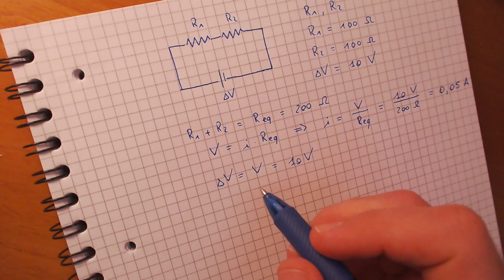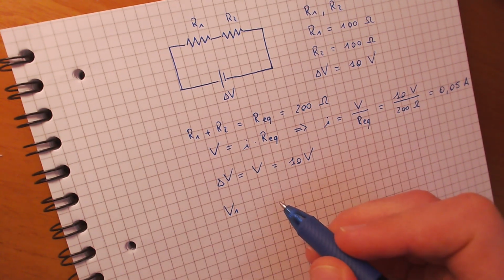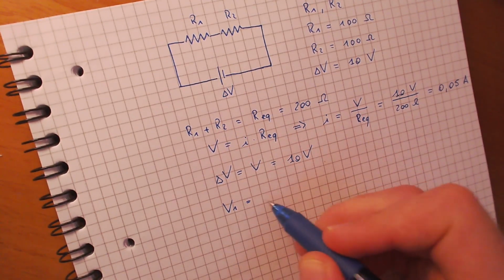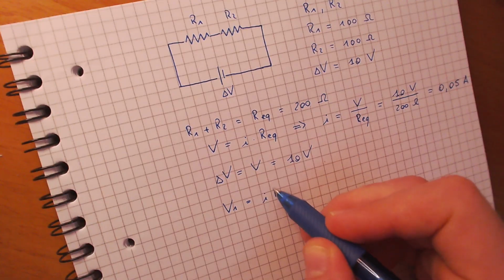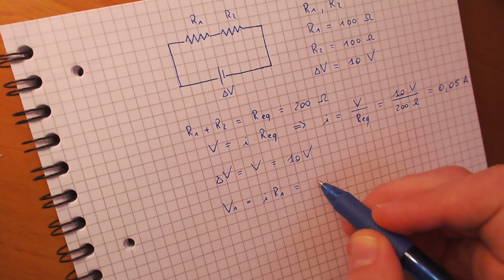If we want, for example, V1, the voltage across the first resistor, we have to multiply I and R1.